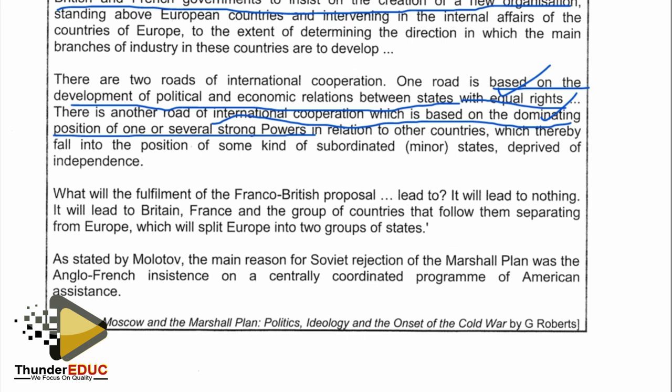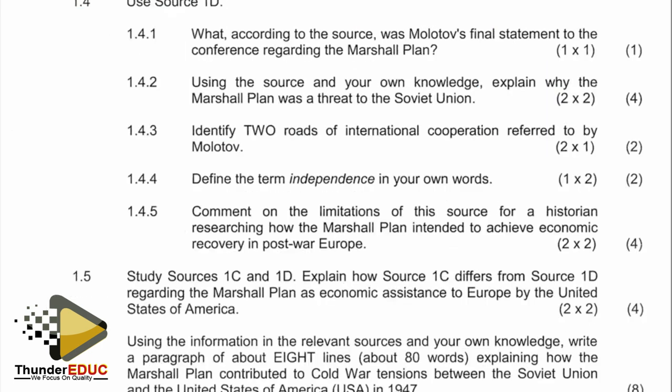Right, we'll move on to the next question, number 1.4.4. Define the term independence in your own words. When you are defining a term in your own words, we are not referring to any source. You are using your own understanding of the concept of independence. So how can I define it here?